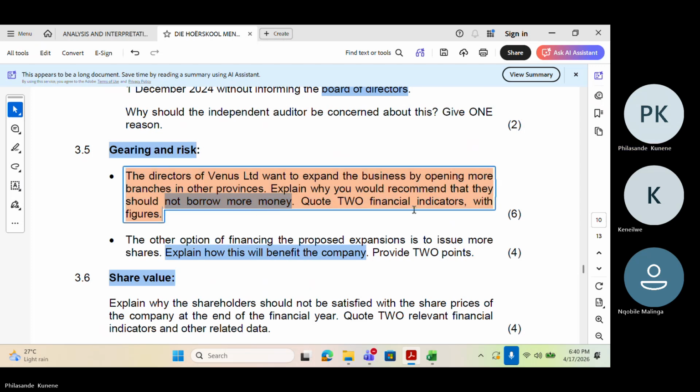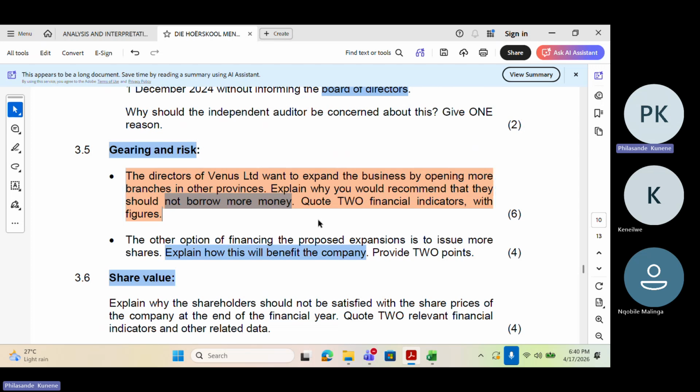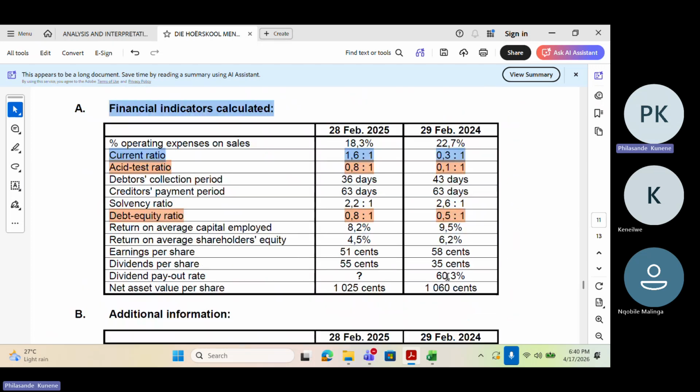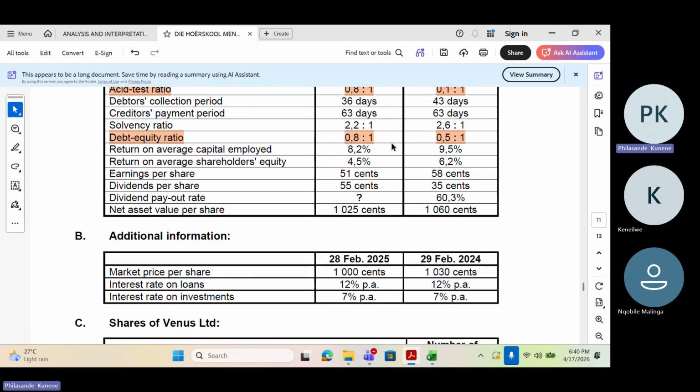Why would you recommend that they should not borrow more money? Because their debt equity ratio is moving in a bad direction. If they borrow more money, it's going to be worse and it becomes a problem for the company.